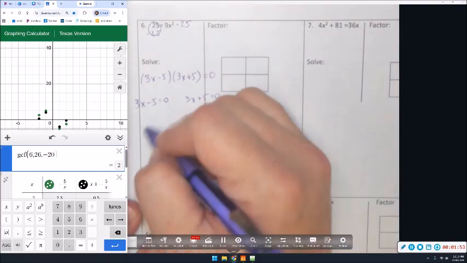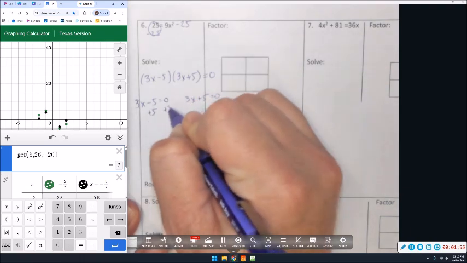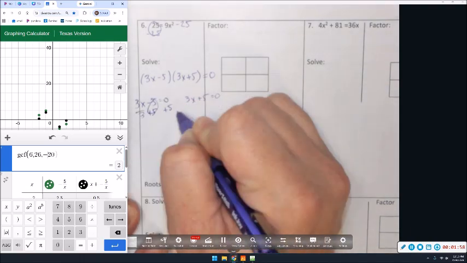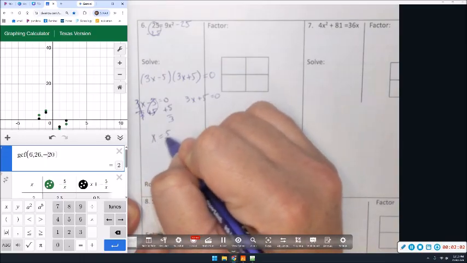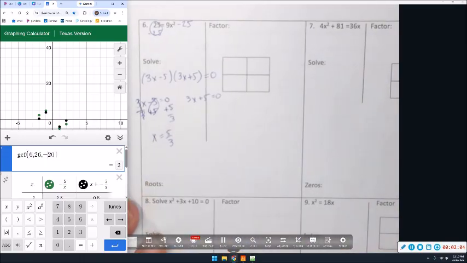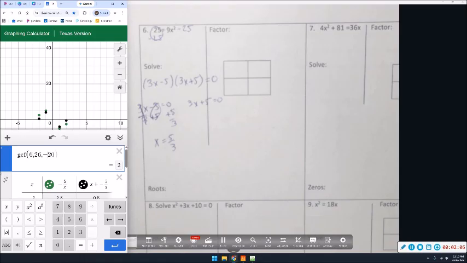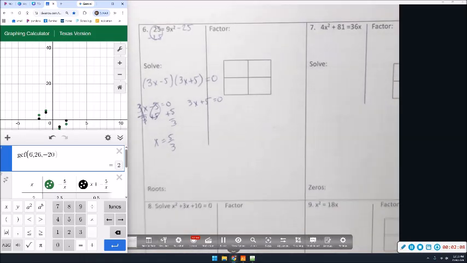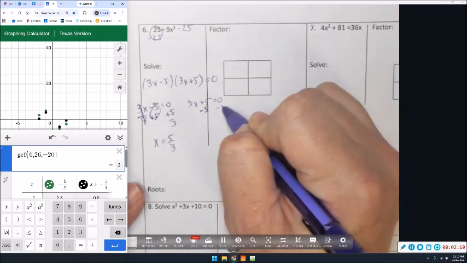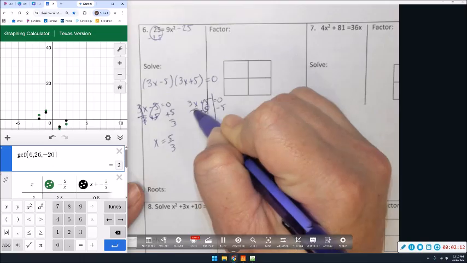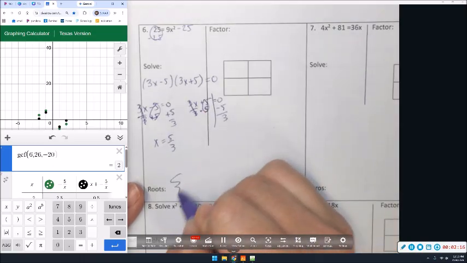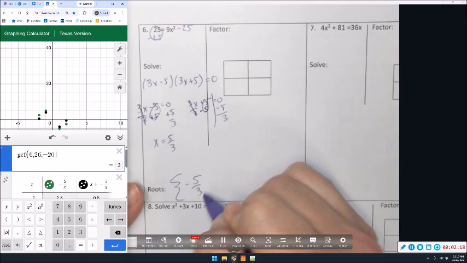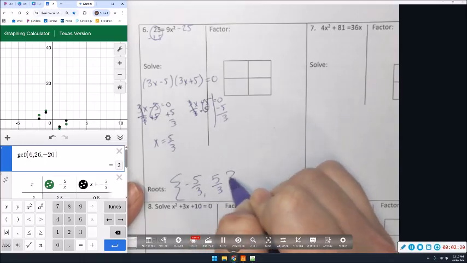So I'm going to add 5, divide by 3, and I get x equals 5 over 3. Okay, here I'm going to subtract 5 and divide by 3, and I get negative 5 over 3. So we get negative 5 over 3 comma 5 over 3.